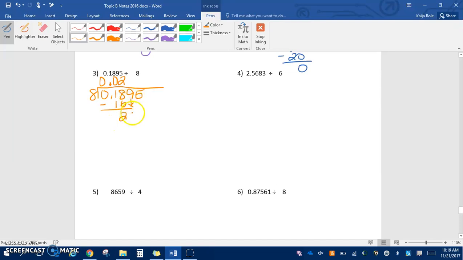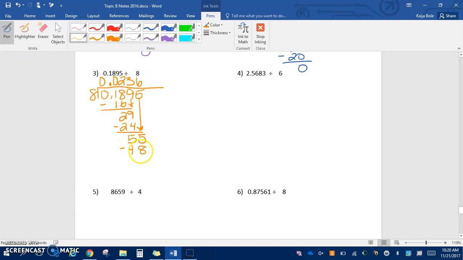Now we bring down this 9. 3 whole groups of 8 go into 29, so we subtract 24. We are left with 5. We bring this next 5 down. How many whole groups of 8 go into 55? 6 whole groups, and 6 times 8 is 48.